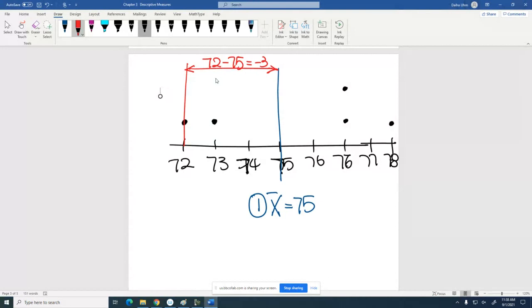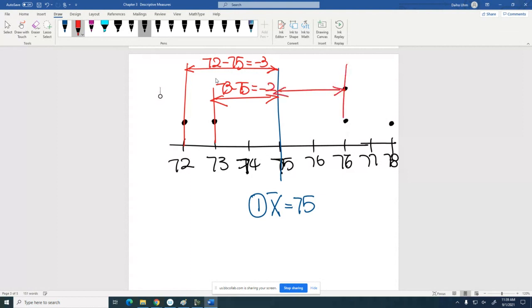We got 6. What was that 6? Actually, it was the distance between 72 and 78. Statistically, it has a name, range. Right? So in mathematics, difference suggests the distance. And 73 to 75, that is negative 2.